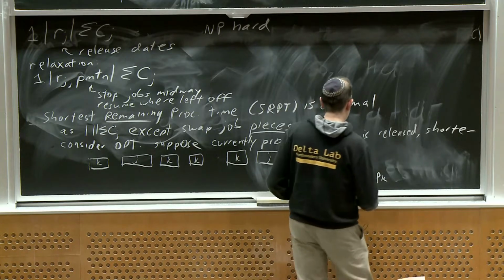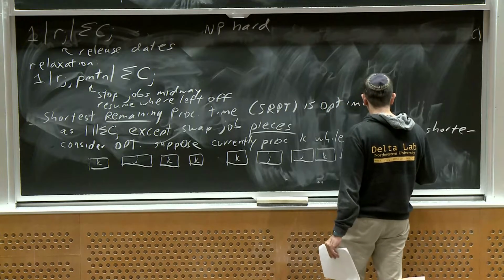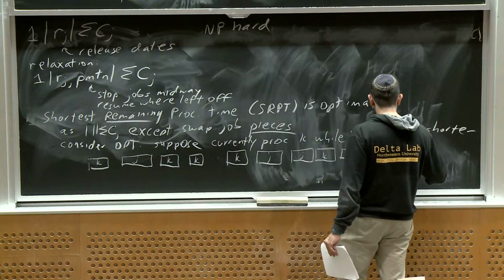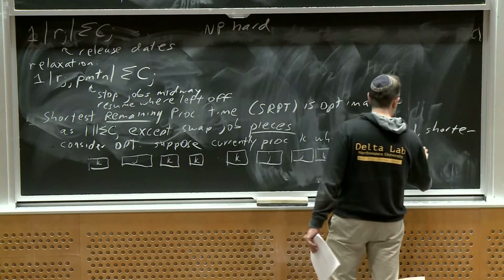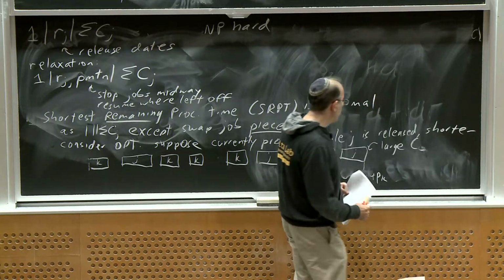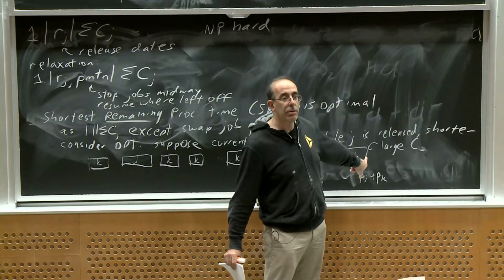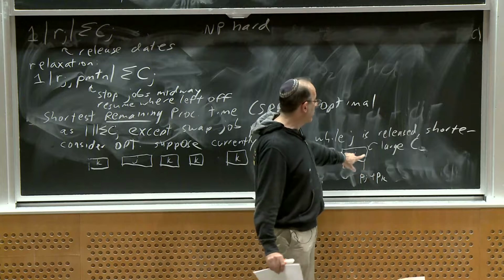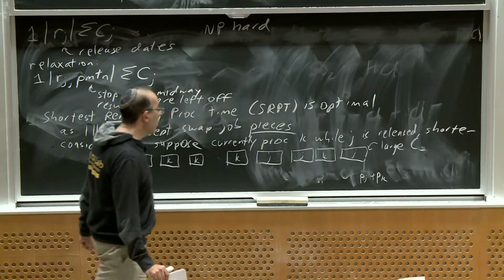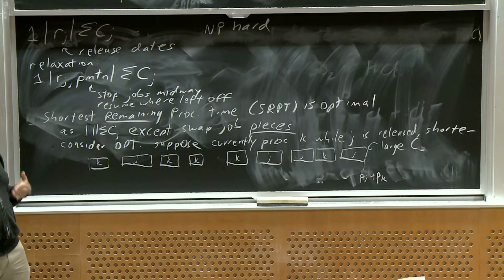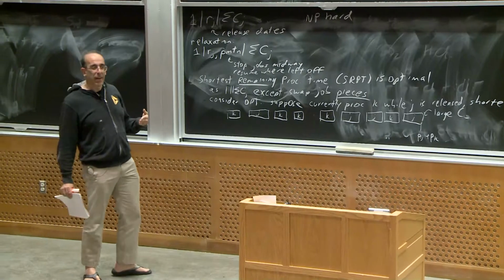And so this is the larger C, whatever, right? Let me put an underscore here. So one of the two jobs is going to complete here. Okay, and that's true in the current schedule, and it's going to stay true. But what we can control is when the other job completes, right?